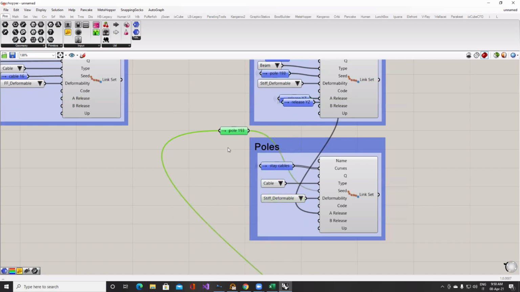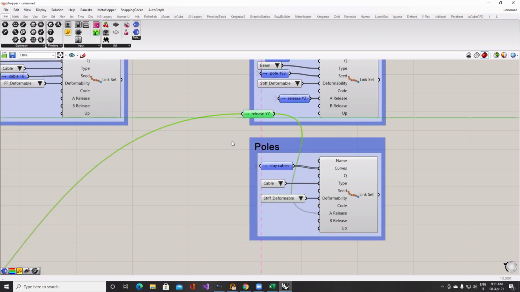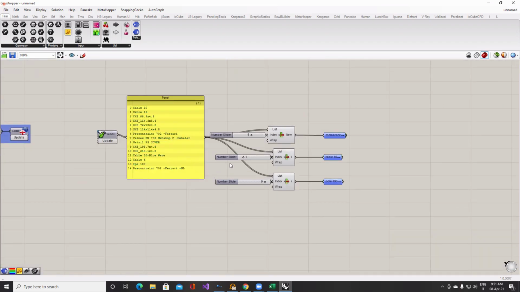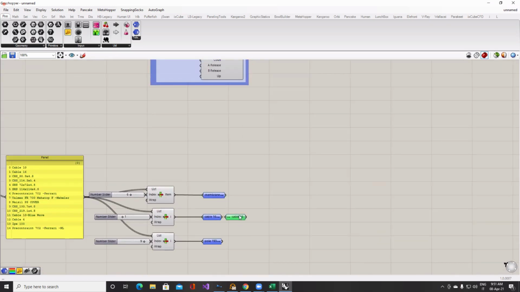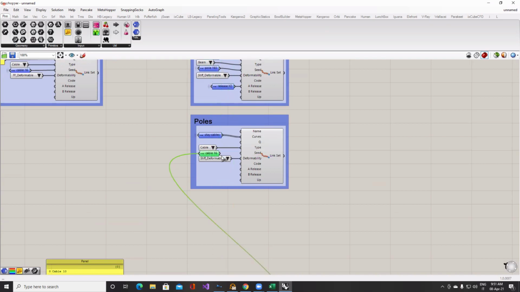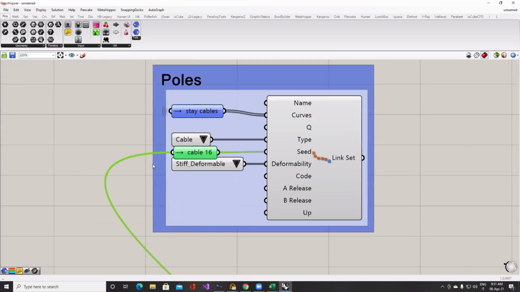And then, not pole, we have to input. We don't need releases for the cables. We need the seed, and we can use the cable 16. So cable 16 will be the seed.